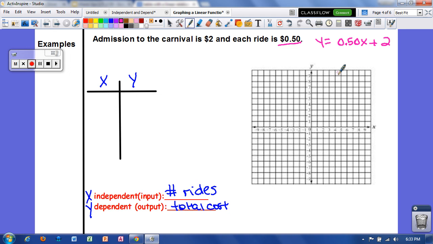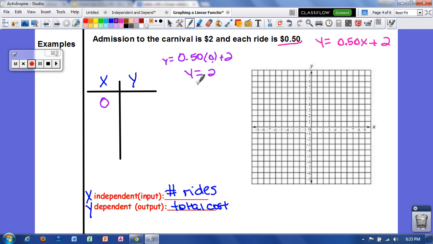Alright, now we want to create some x values and we want to find our y values. Just like I did in the last problem, I'm going to start with 0 because 0 is so easy to work with. So, if I have y equals 0.50x plus 2, I'm going to plug 0 in. 0.50 times 0 is just 0.